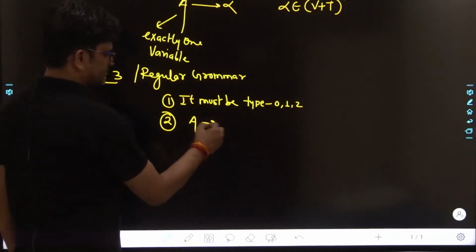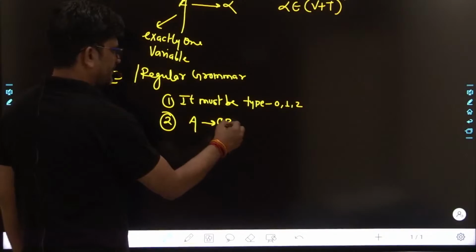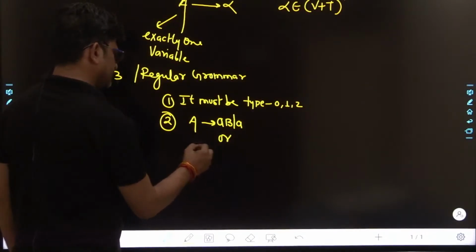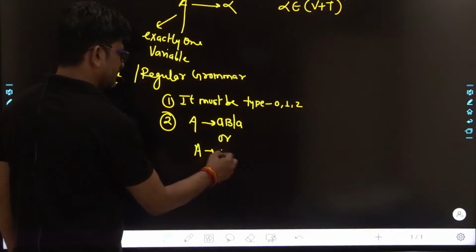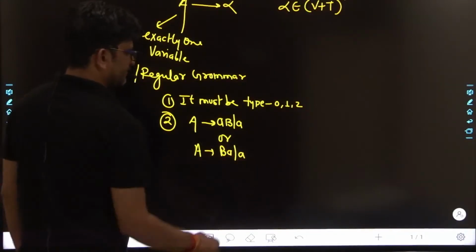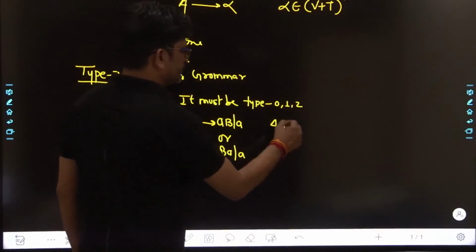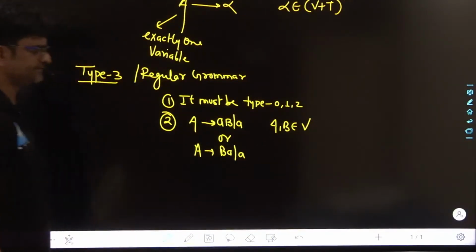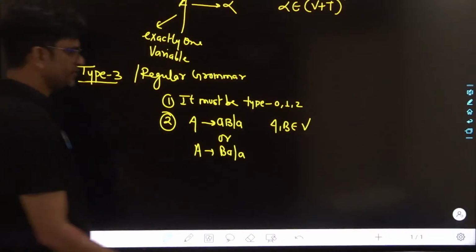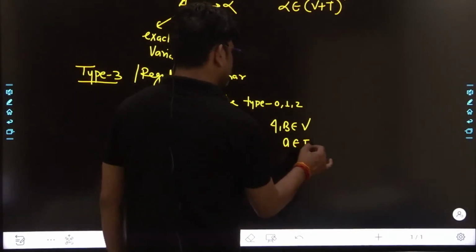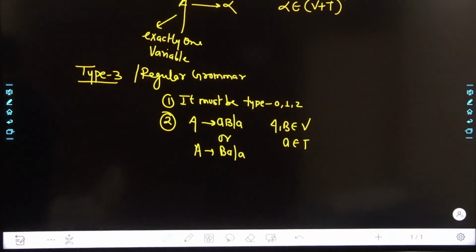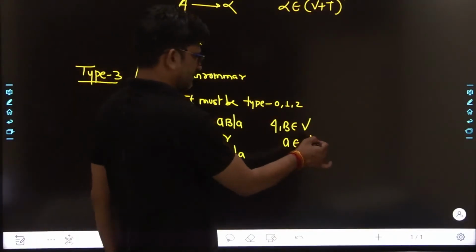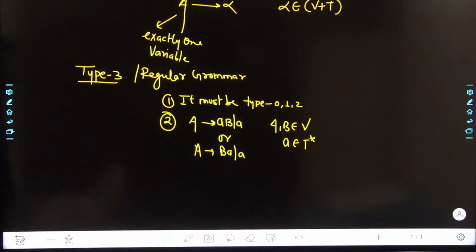A determines aB or A determines Ba, where A and B belong to variables and a belongs to terminal. Any combination of terminals.